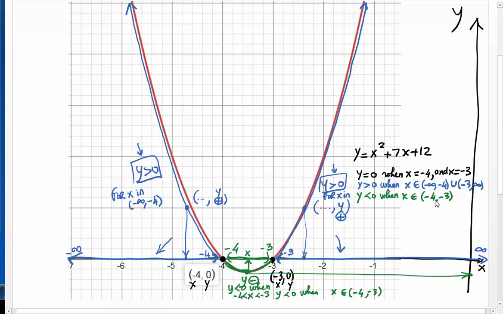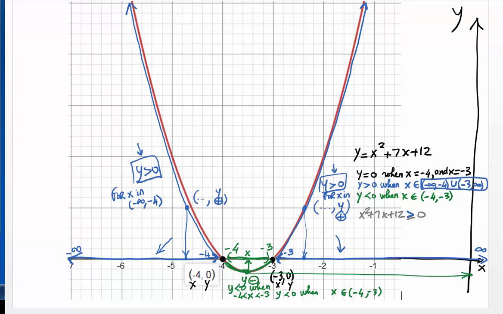Now I'll say one last thing. They wanted us to solve over here the inequality x squared plus 7x plus 12 greater than or equal to 0. So for the greater than portion of that statement, x will be in this interval.